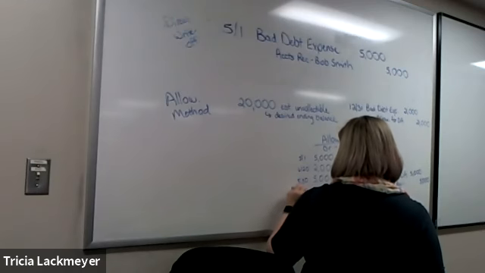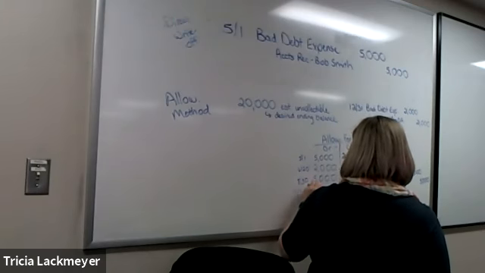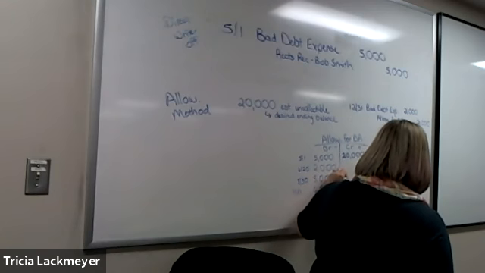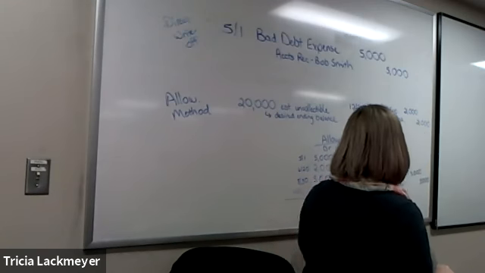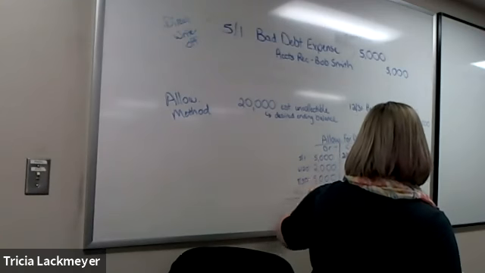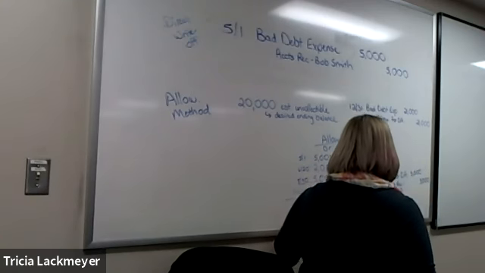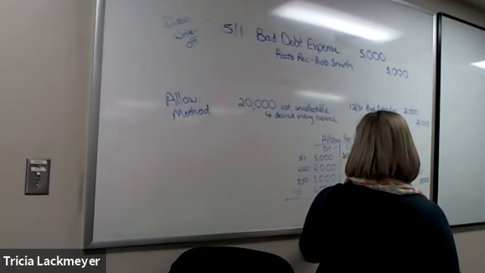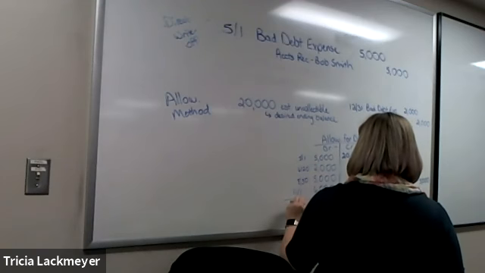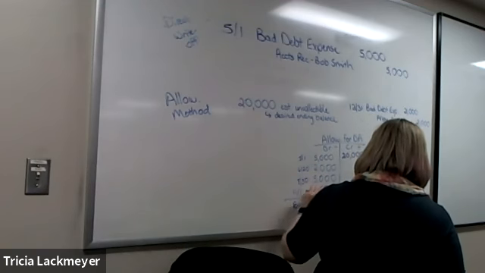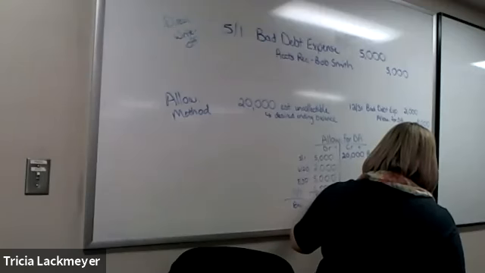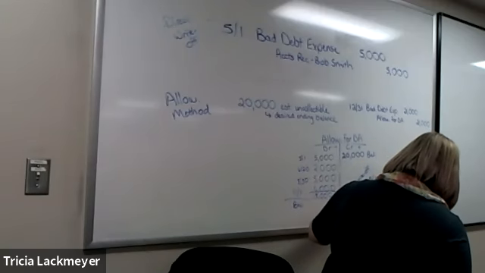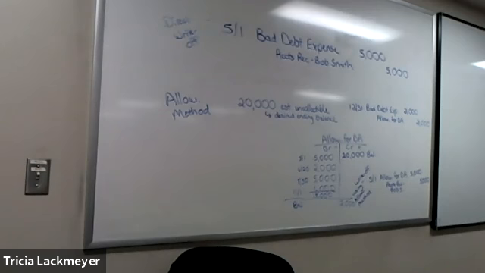Okay, so at the end, we have 20,000 minus all four of those, which is 18,000. So we'd have a 2,000 credit balance. Kind of ran out of room there to illustrate, but that's how that balance changes in the year.